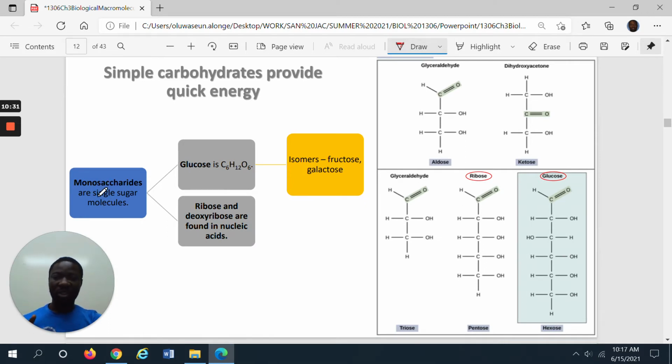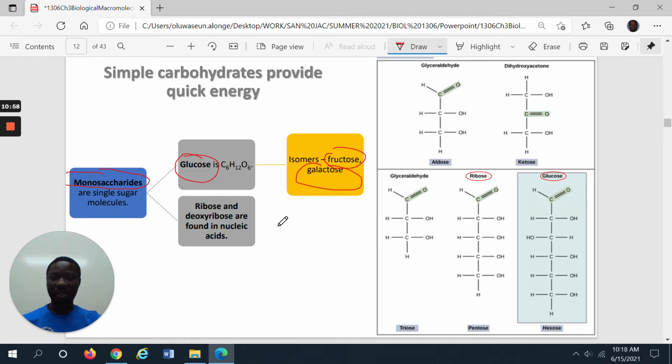The monomer for carbohydrate is the monosaccharide. That is the monomer for carbohydrates. It is the simplest sugar. Now, when we say monosaccharide, it is a general name; there are examples of monosaccharide. Examples of monosaccharide are number 1 glucose, number 2 fructose, and number 3 galactose.